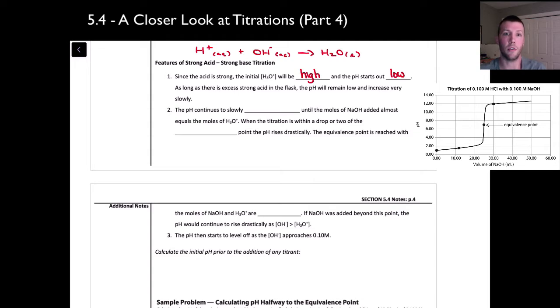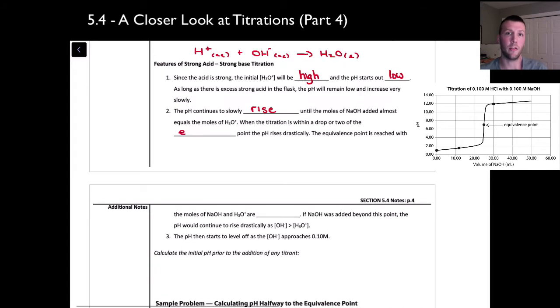The pH will slowly rise as the moles of sodium hydroxide added almost equals the moles of hydronium ion. When the titration is within a drop or two of the equivalence point, we see a drastic rise in the pH. The equivalence point is reached when the moles of hydroxide ions from the base is equal to the moles of hydrogen ions from the acid.